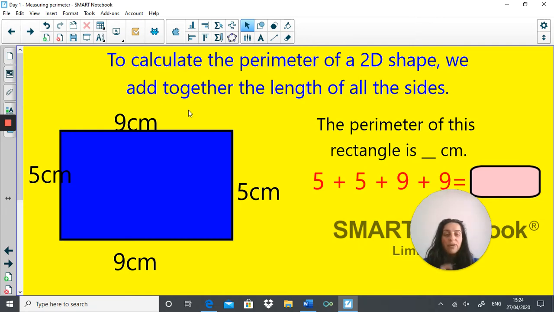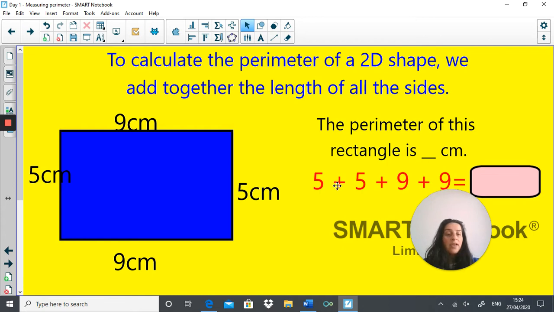Now, one thing to note, because this will come up later on in the lesson, is that this length and this length are equal. They're both 9 centimeters, the opposite sides. And this length and this length are also of equal size. So to work out the perimeter of this rectangle, we need to add 9 and 5 and 9 and 5.